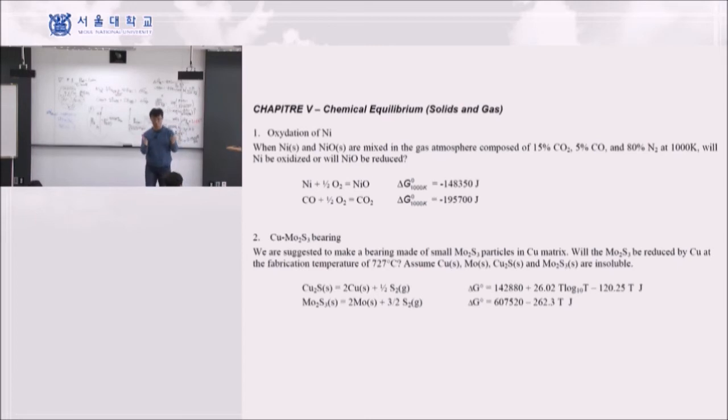It means all of them stay as pure stoichiometric phases. So it means the activity of all these four forms is 1. That's what insoluble actually means. When you make a solution soluble in each other, then the activity cannot be 1 sometimes. But in this case, there's no solubility in each other, so it stays as it is.